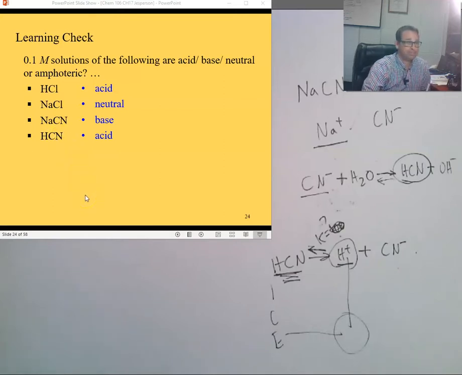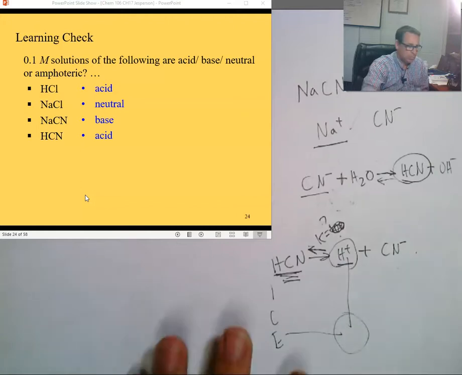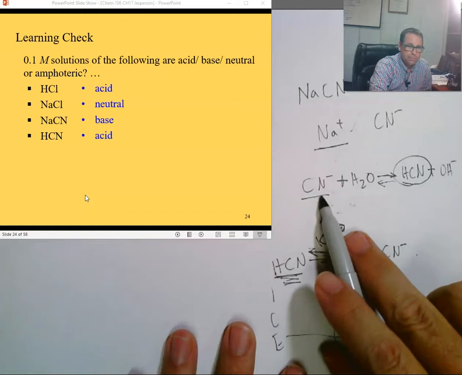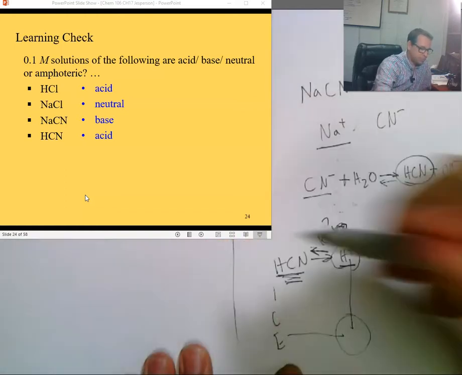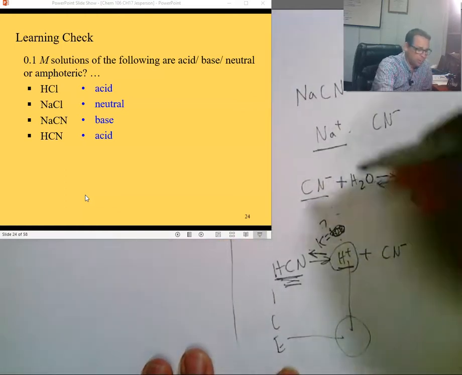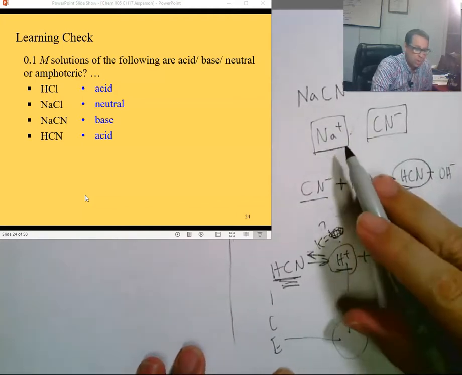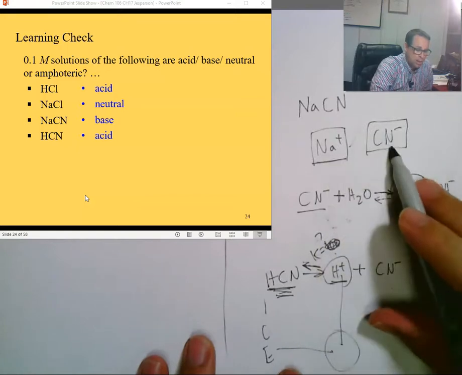All right. I have a question. Yeah, go ahead. So, in the one before, the CN created a reaction that constituted a base. And I know it was from the beginning, but I'm just confused why that didn't happen here. Well, before we were putting sodium cyanide in the solution, and we had a sodium ion and the cyanide ion.